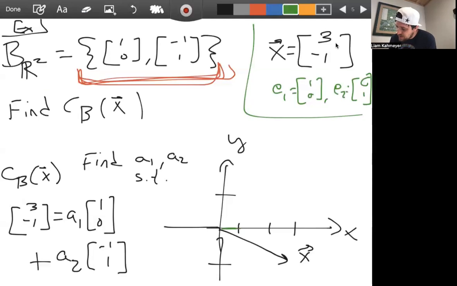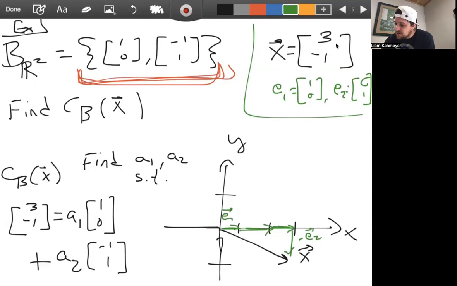It means you take 3 copies of e1 and then plus -1 copies of e2. Right? That's negative e2. And the vector (3, -1) is the result of 3 times e1 plus -1 times e2.